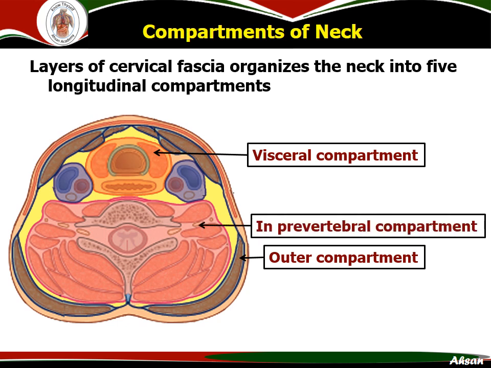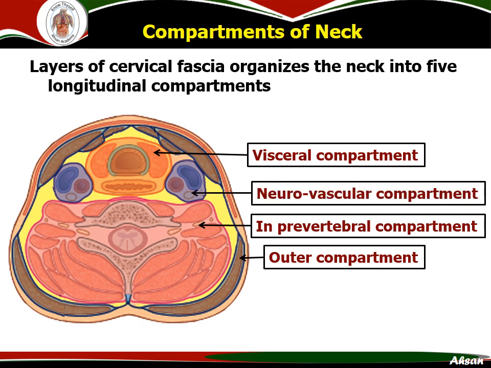Then you can see the prevertebral fascia encloses the muscles and the vertebra around it. Then the neurovascular compartment is the carotid sheath, which encloses the nerves, artery, and the large veins of the neck. This is paired, but the others are unpaired.